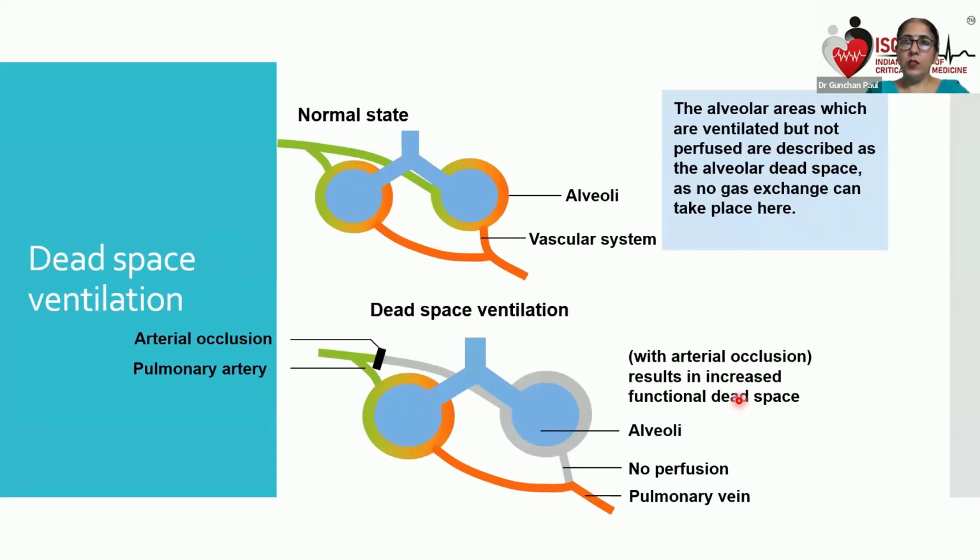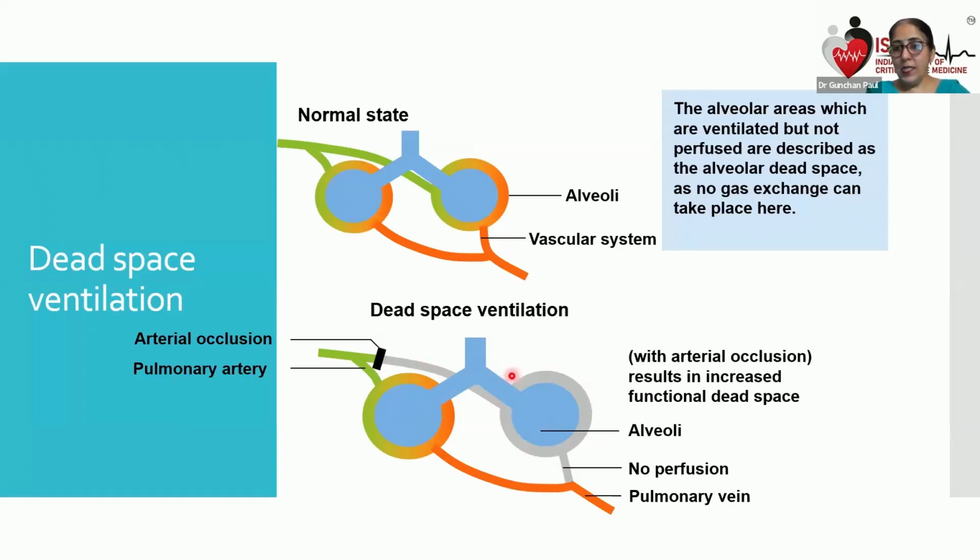How will it improve oxygen or wash off carbon dioxide? There is something called as dead space ventilation. So see, these are normal alveoli, and this is the normal gas arteries and veins around it where gas exchange occurs. So if there's an arterial occlusion and the blood flow is cut off, the lungs are being ventilated, but there is no blood flow.